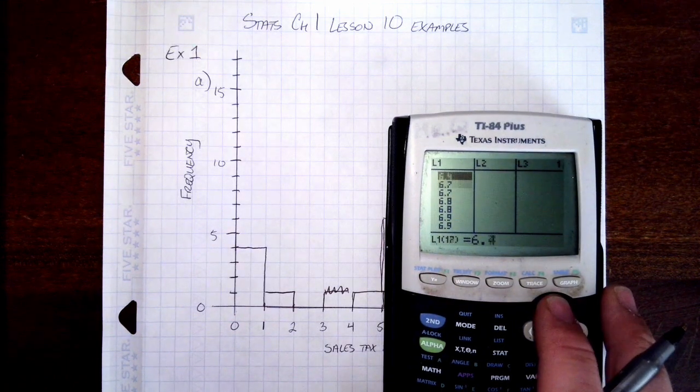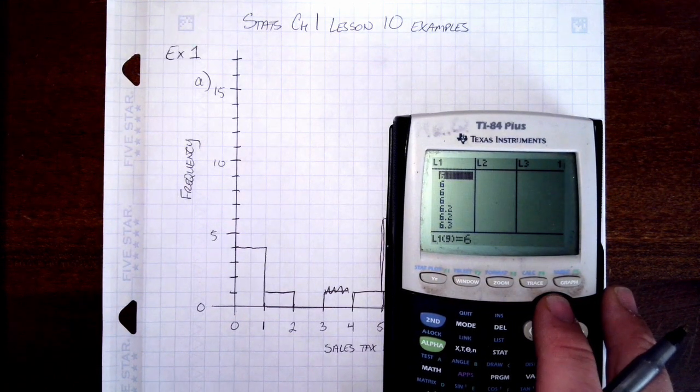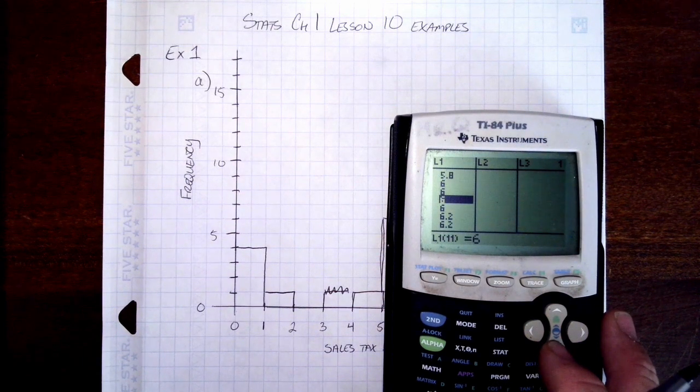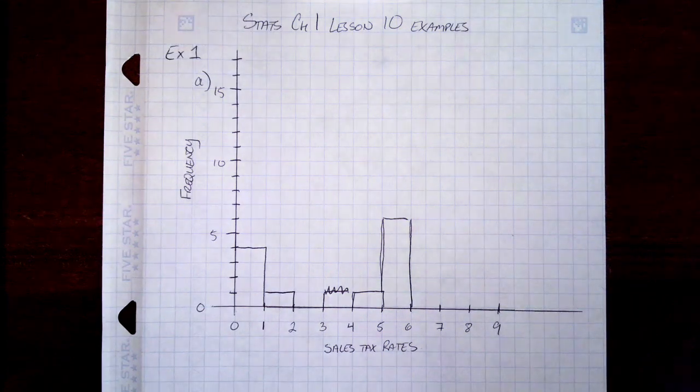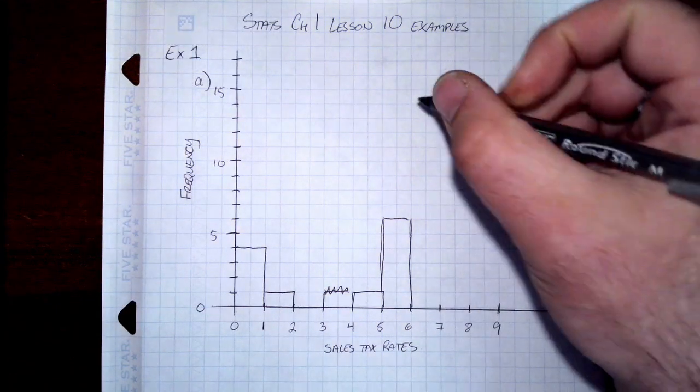I think I lost count. Let's go back and try again. 1, 2, 3, 4, 5, 6, 7, 8, 9, 10, 11, 12, 13, 14, 15, 15 of those in the 6 almost up to 7 range.